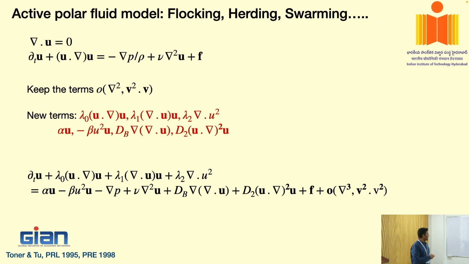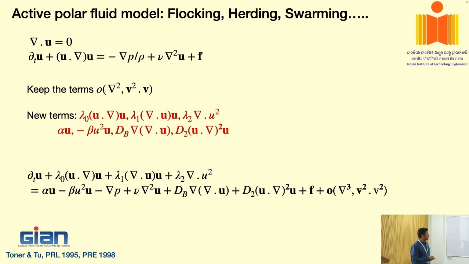Similarly, you can have a cubic term that is again going to break the Galilean invariance, and then you will have other higher order terms. Here, for generality, we have also taken compressibility into account, but whenever we solve, we'll try to get rid of these additional terms. Okay, so when you take these things into account, this is how your generalized Navier-Stokes equation comes into the picture.